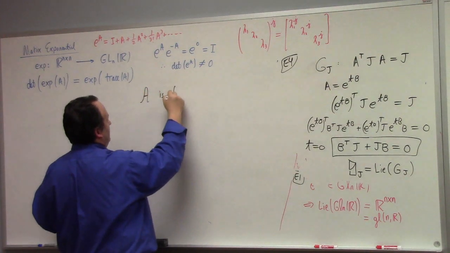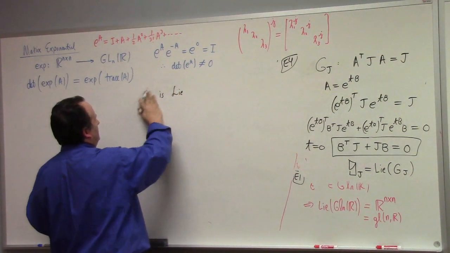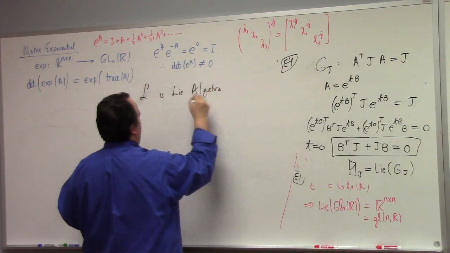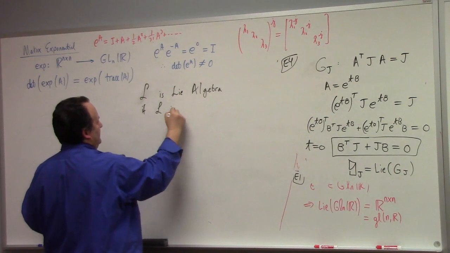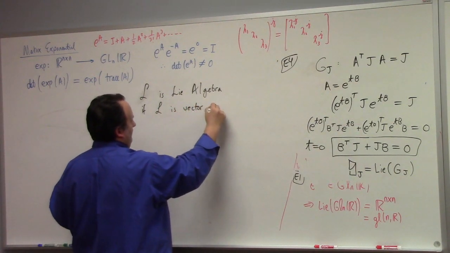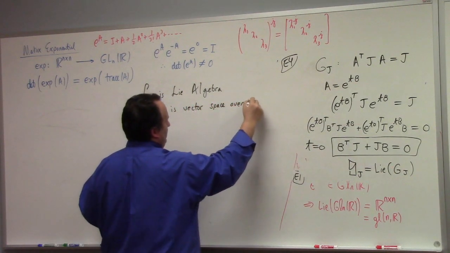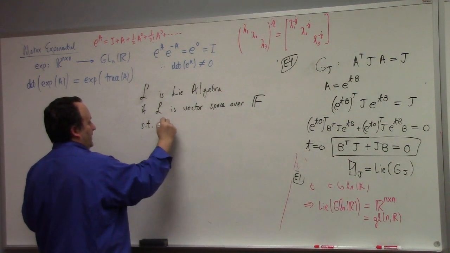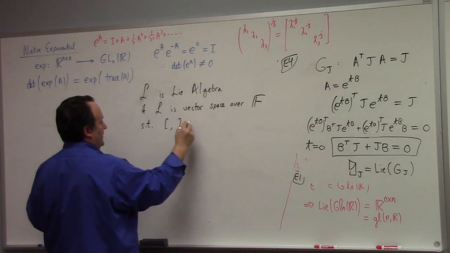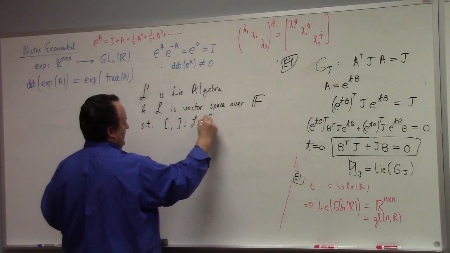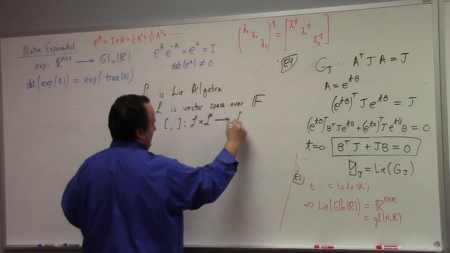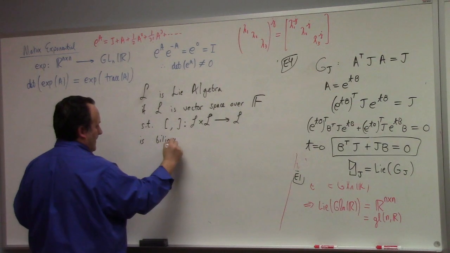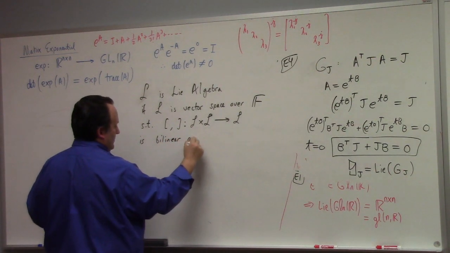Let's say L is a Lie algebra if L is a vector space over some field F, such that the bracket from L cross L goes back to L again and is bilinear.